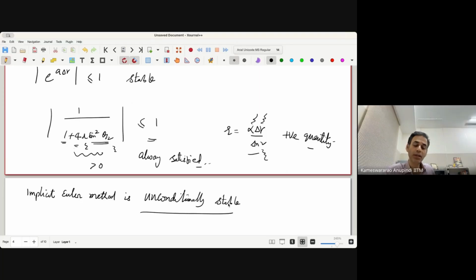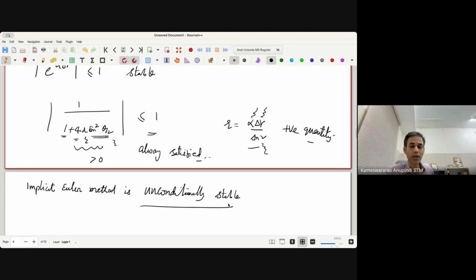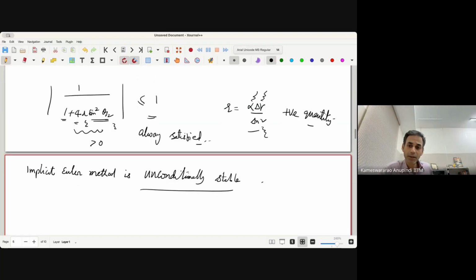Because there is no condition that the von Neumann stability analysis puts on the method for it to be stable. That means we can take delta t to be as large as possible.